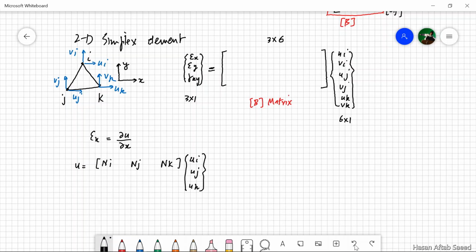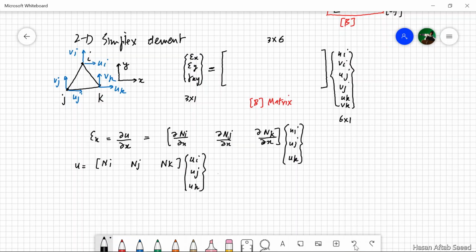This is the interpolation function with these N's being the shape functions. Now, putting the values in the expression above, epsilon x will be partial Ni over partial x, partial Nj over partial x, and partial Nk over partial x, times ui, uj, and uk. This is the value of epsilon x.